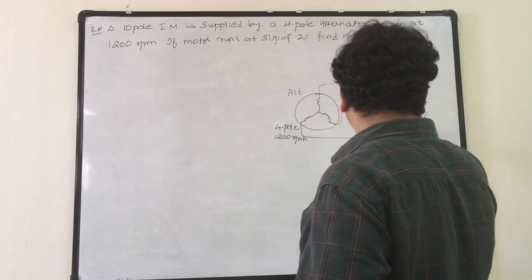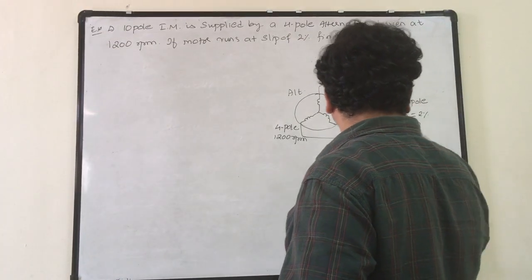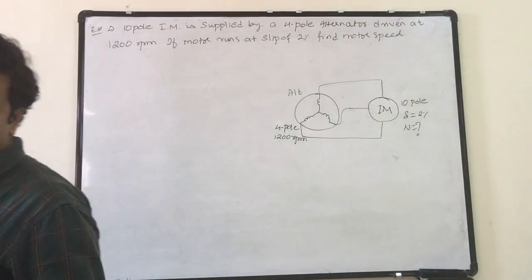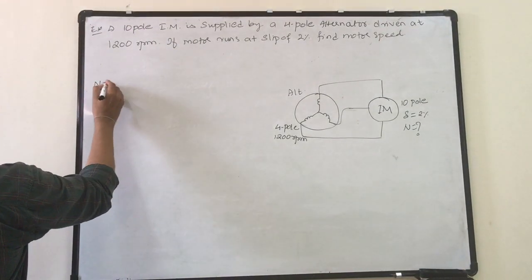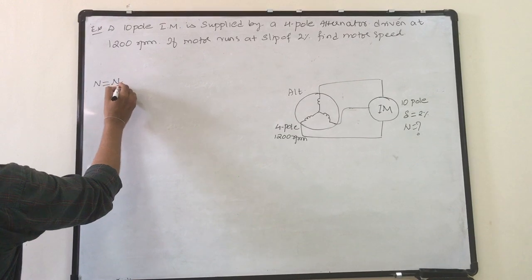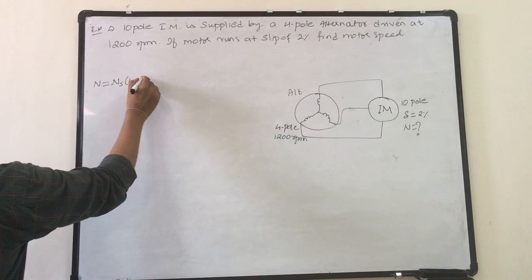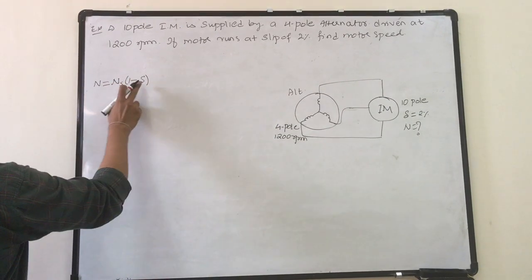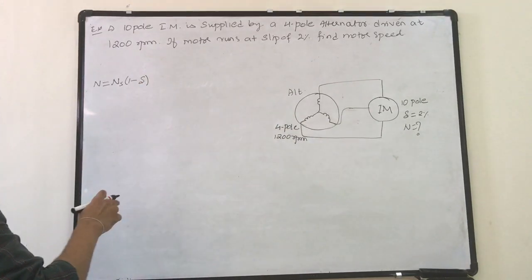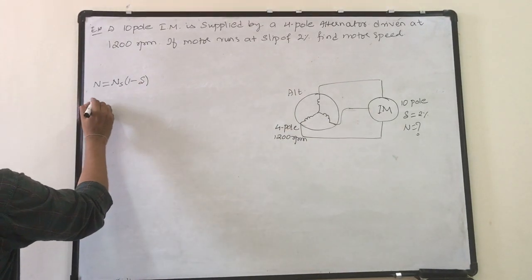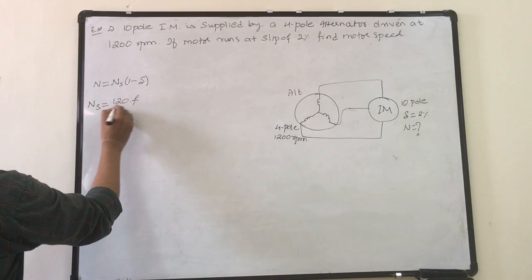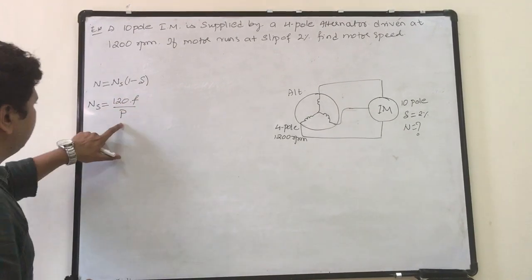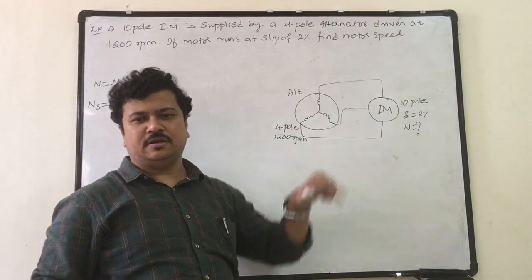Now I want the speed of induction motor. N is equal to Ns into 1 minus S. Now I know S, it is 2%. What is Ns? Ns is equal to 120 into F divided by P. I know the number of poles of induction motor is 10.